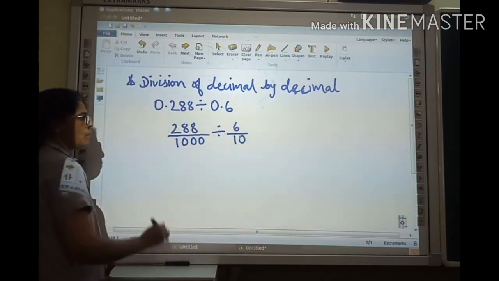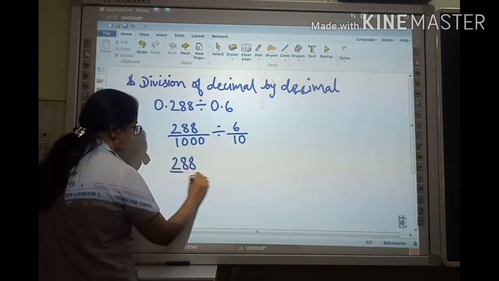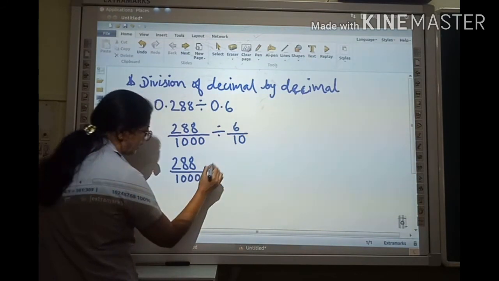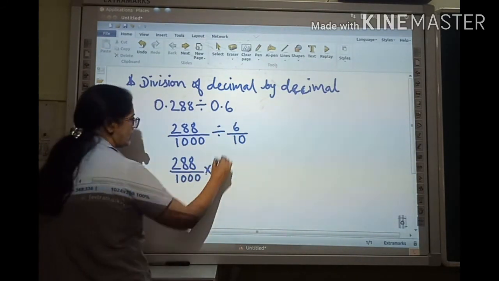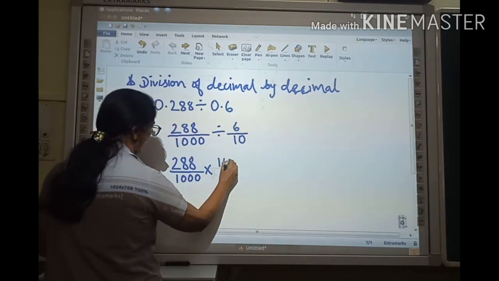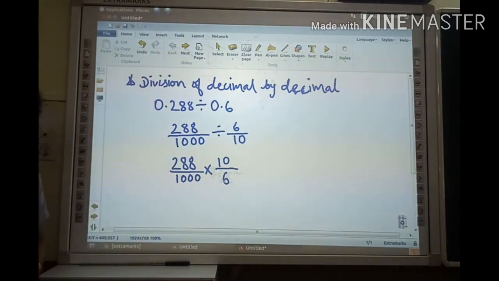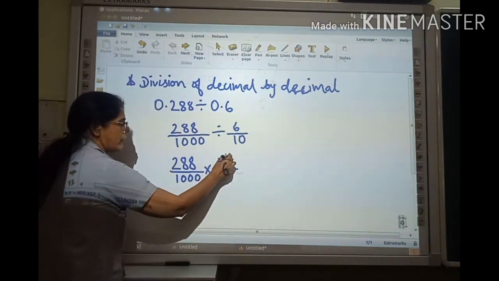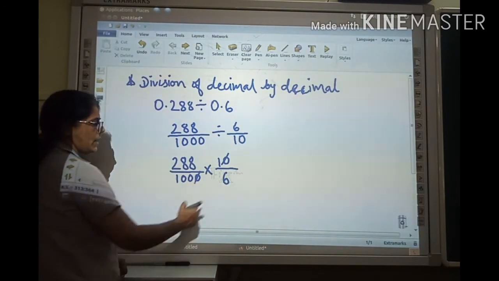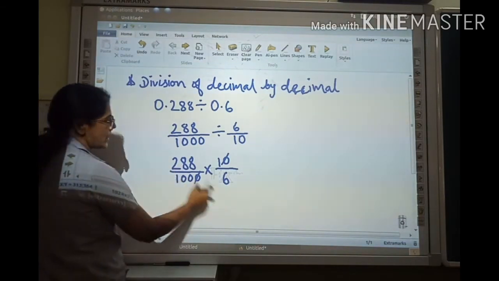By applying the multiplicative inverse property, we write 288 upon 1000 as it is, then a multiplication sign, and then reciprocate the second number: 10 upon 6. We can cancel this 0 with this 0. Now 100 is remaining. Now I have to divide 288 by 6.